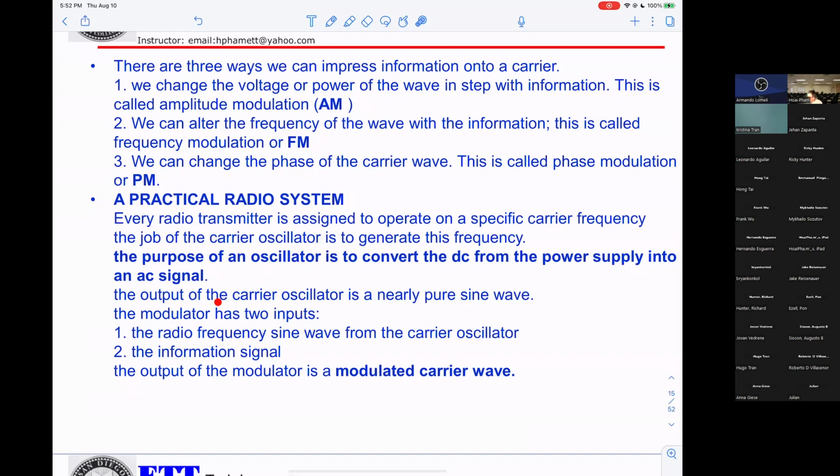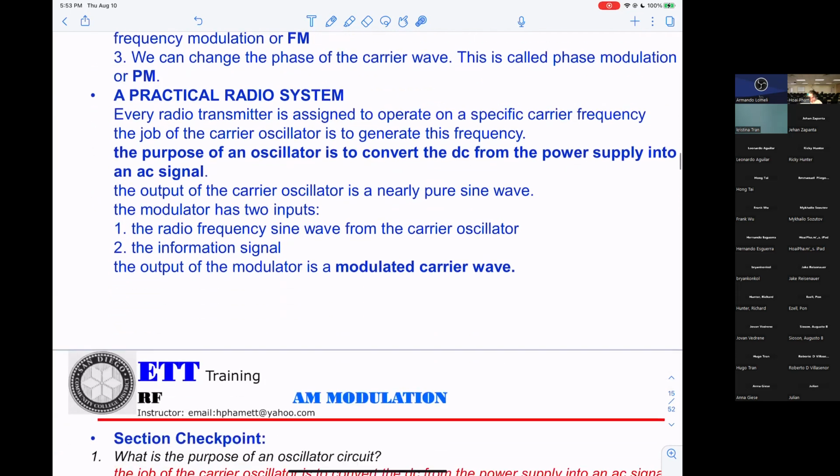The modulator has two inputs: the radio frequency sine wave from the carrier oscillator, and the information signal. The output of the modulator is a modulated carrier wave. Okay? So you get two things. You get the signal from your voice, and also the carrier signal coming out from the oscillator.